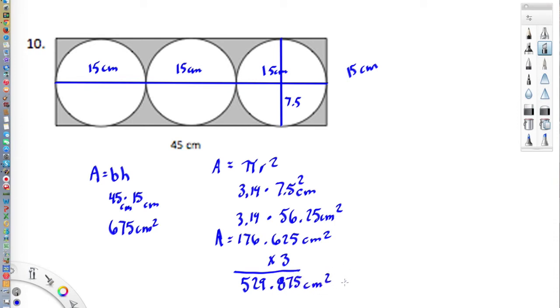So that is the area of all 3 circles combined.